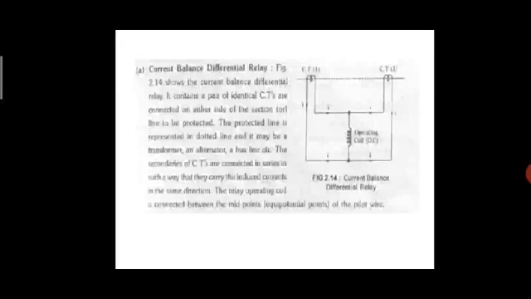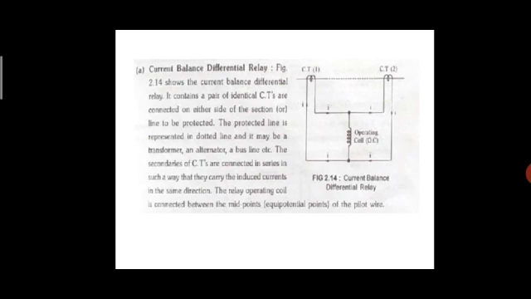First one, current balance differential relay. See the figure. The current balance differential relay contains a pair of identical CTs connected on either side of the section or line to be protected.